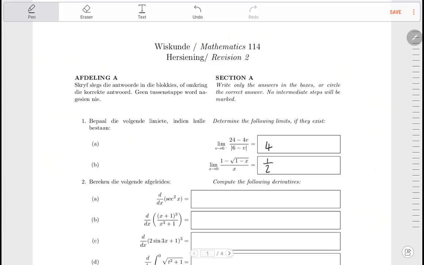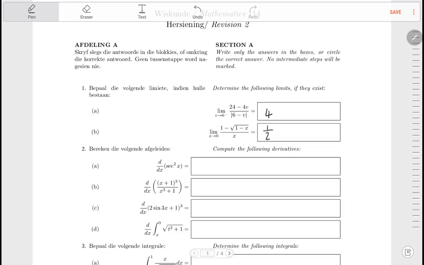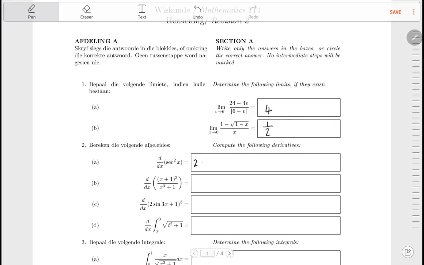Let's now look at the derivatives that we have to calculate. So in number A, we have the derivative of sec squared. So remember, you have to use the chain rule. So this is going to be the derivative of sec squared. Firstly, we have 2 multiplied by sec x.